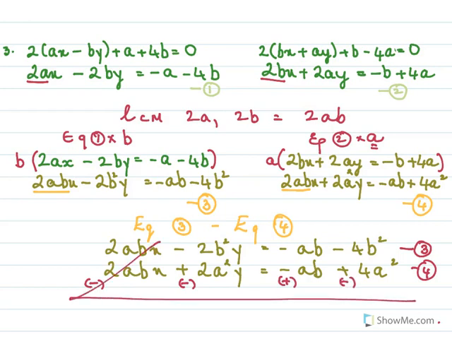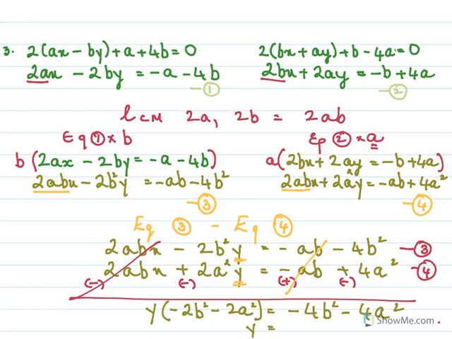I cancel this out. Remember this is y and y, so I will take y common out. Once I take y common out, the coefficients I write inside. The first will be 2b square, and in the second term minus 2a square equal to, here again minus ab plus ab will cancel out, and what remains is minus 4b square minus 4a square.